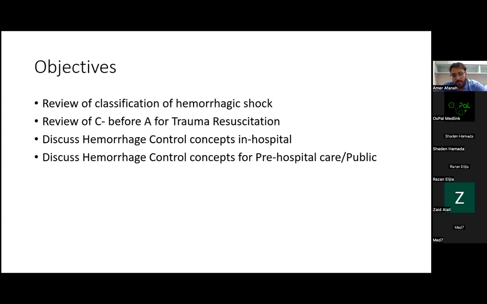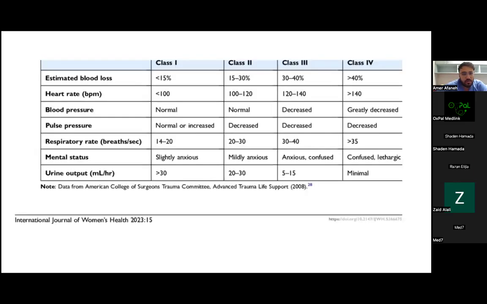We talked a little bit about this during the ATLS primary survey lecture, but hopefully we can review those concepts, discuss concepts of hemorrhage control in hospital, and then discuss concepts of pre-hospital care or public education. That's the focus of this talk, and hopefully it will be beneficial.